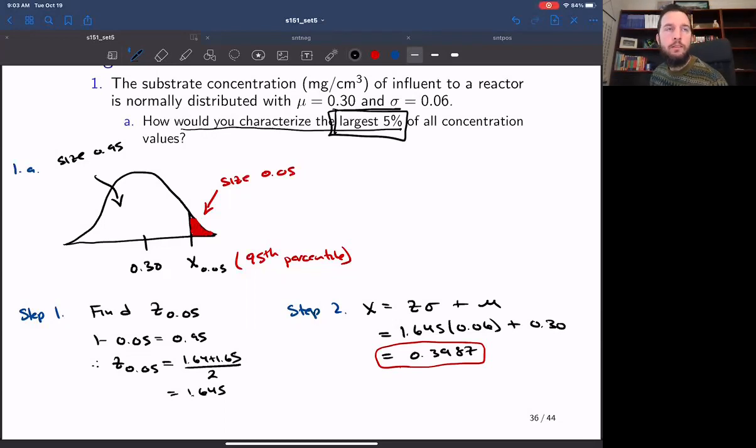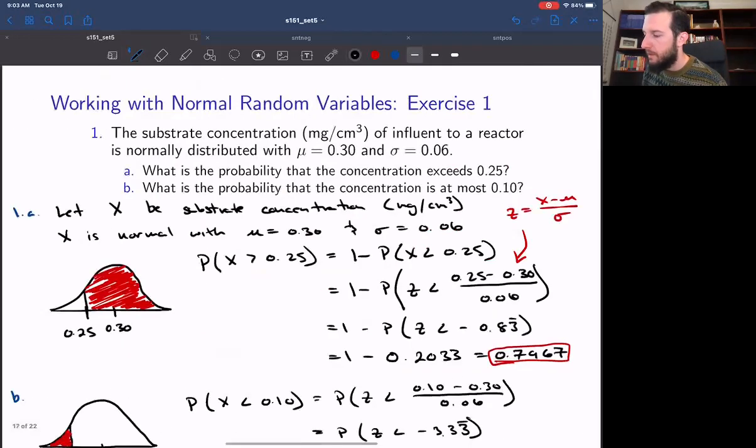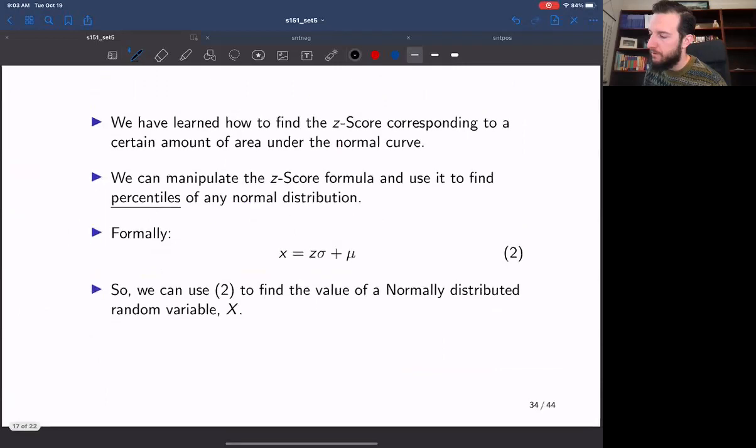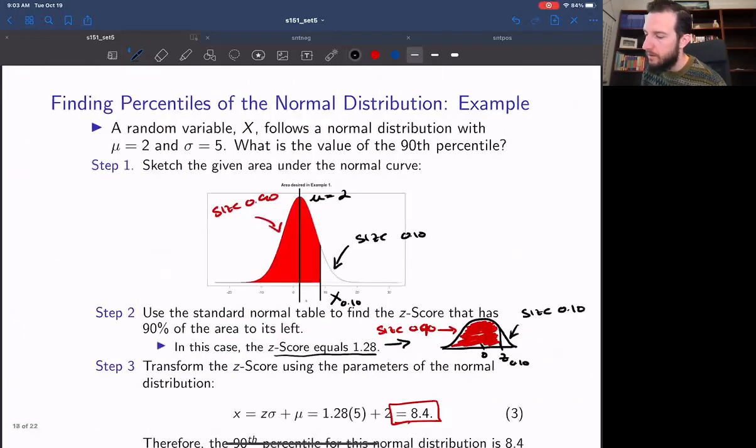Annalise, why was the last example such a big number compared to 0.3987? This distribution has a mean of 0.3 and a standard deviation of 0.06. In the previous illustration, the distribution had a mean of 2 and a standard deviation of 5.